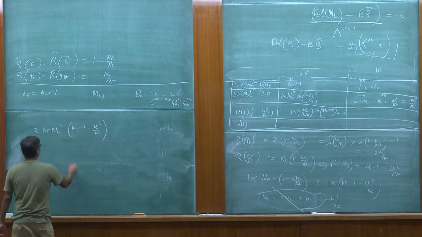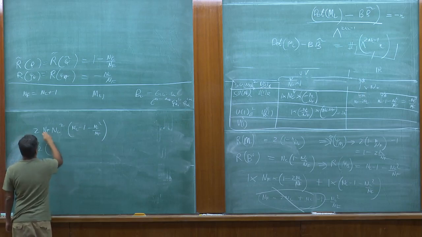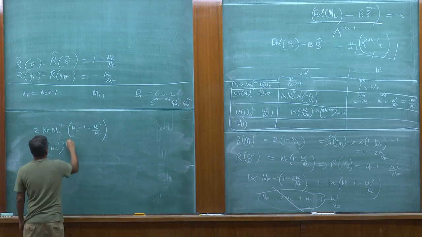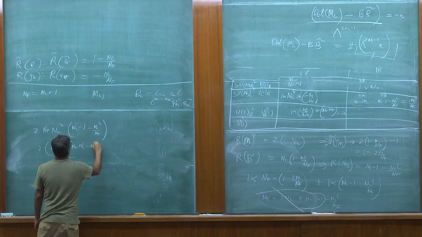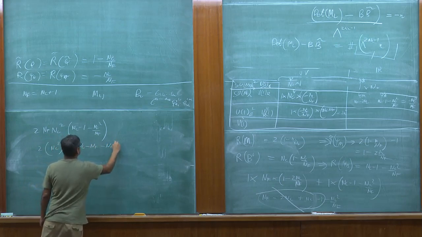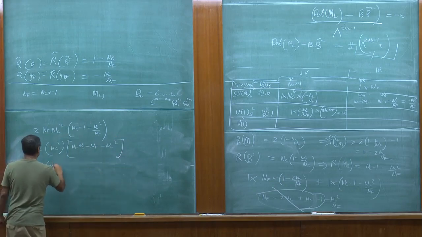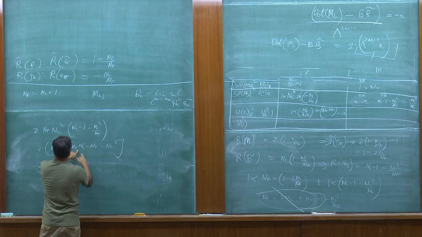Now how can it work? So let's see. So we have 2 into Nf Nc squared into Nf Nc minus Nf minus Nc squared. Okay, that's 2 into Nc squared. Let's take the Nf Nc into minus Nc squared. So that's just a minus Nc, right? That's a plus Nc.